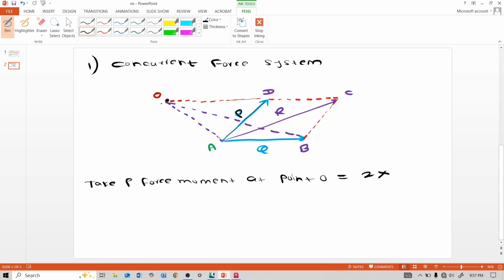So this P and O make a triangle. Which triangle? OAD. 2 into triangle OAD. Now take the Q force moment at point O.